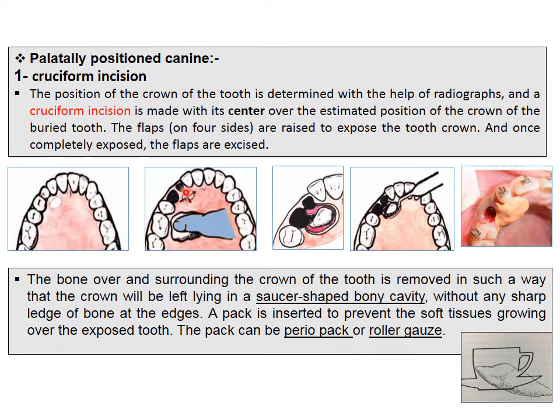After the elevation of the flap, we have a four-sided flap, because with these four incisions, when we lift them we get four pieces, so it is called a four-sided flap. This four-sided flap is elevated to expose the tooth crown, and once completely exposed the flaps are excised. After we do the exposure of the tooth, this part of the flap should be excised and removed.